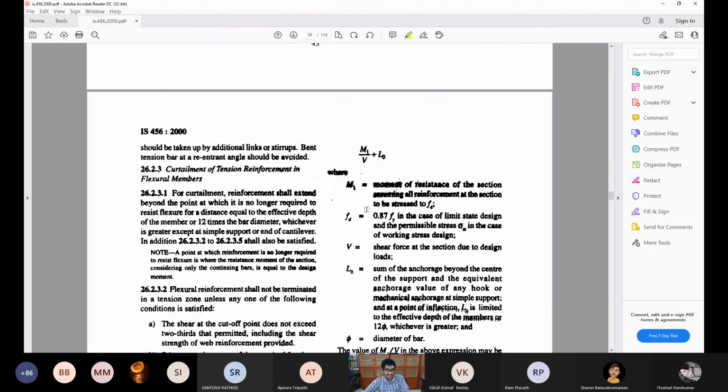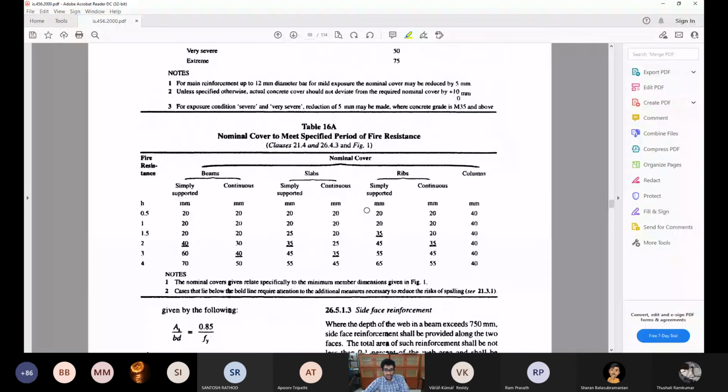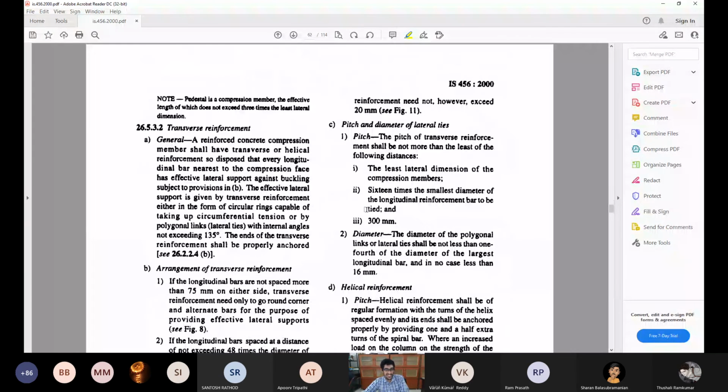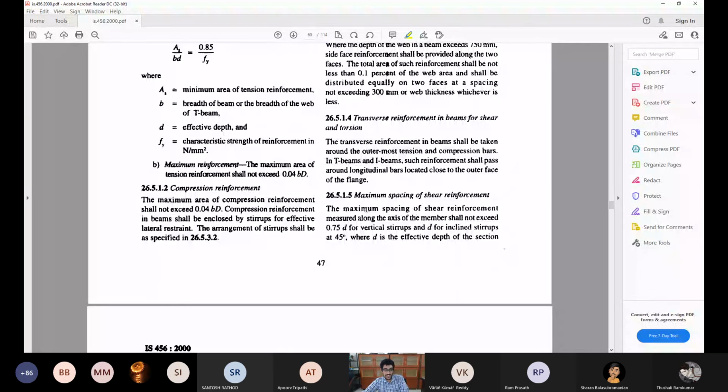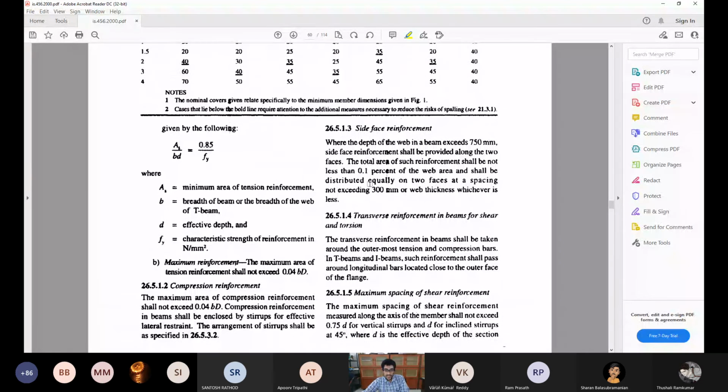Relevant stresses, after reinforcement, all these things were covered for you. Yes, it is reinforcement.